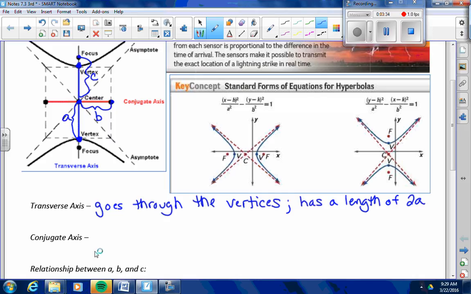The conjugate axis is the other axis. This is the one that only goes through the center. And this one is perpendicular to the transverse axis. So it only goes through the center.